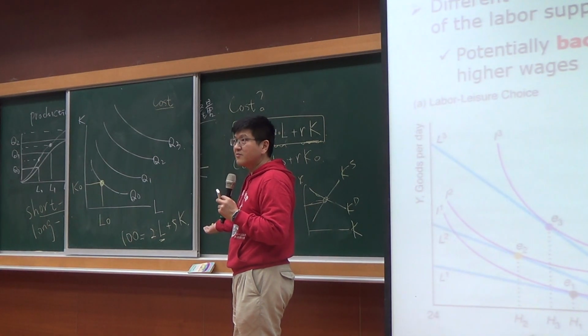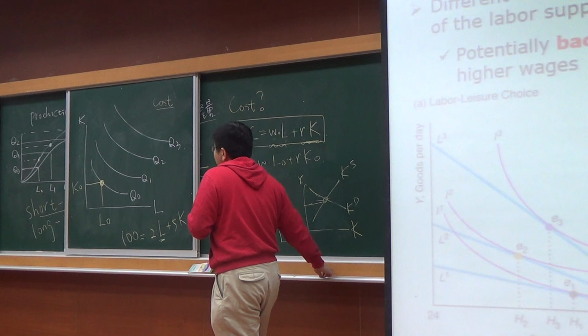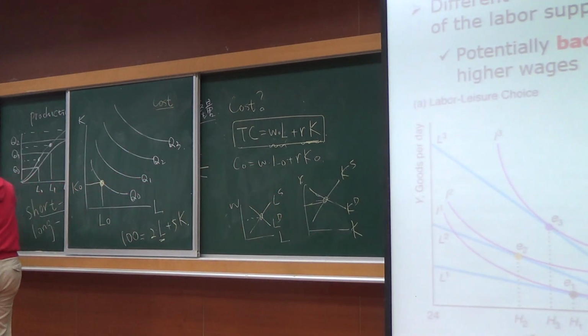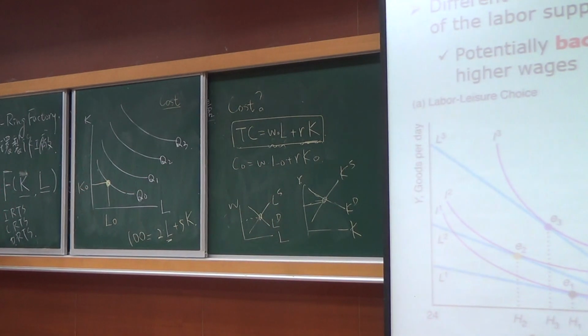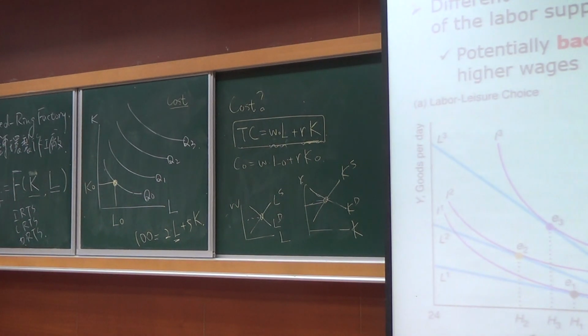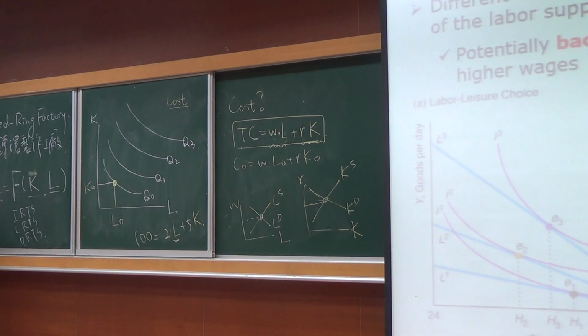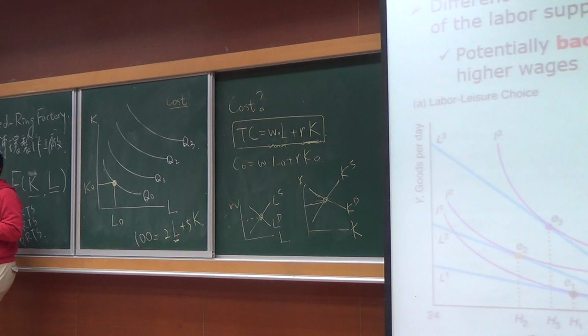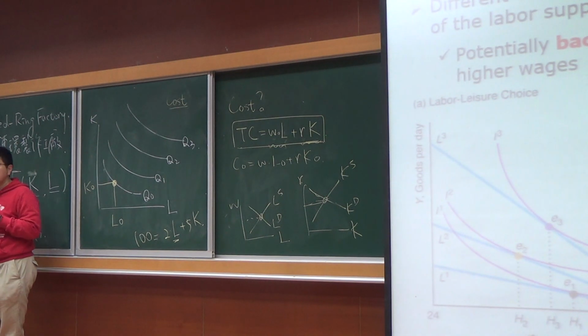Is it clear for you? Or if you don't, think about this. 2x plus 5y equals 100. It must be for the xy plane. It must be 50 here and 20 here, right? It will be a straight line with a negative slope.